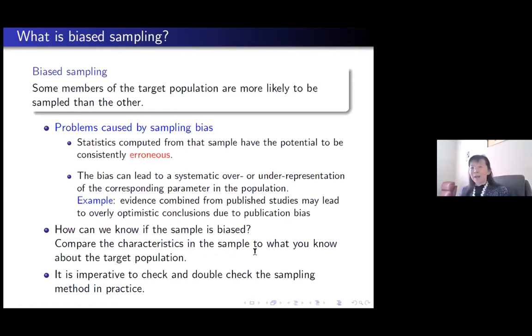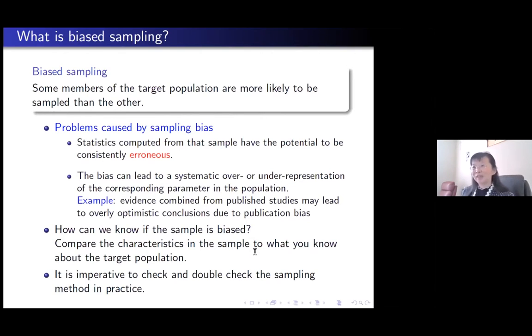Let's start out by looking at the definition. Biased sampling is encountered when subjects in the target population are not given equal chances to be selected into a study cohort. The major challenge, as recognized by many researchers, is that the distribution of the observed data is not the same as that of the target population.